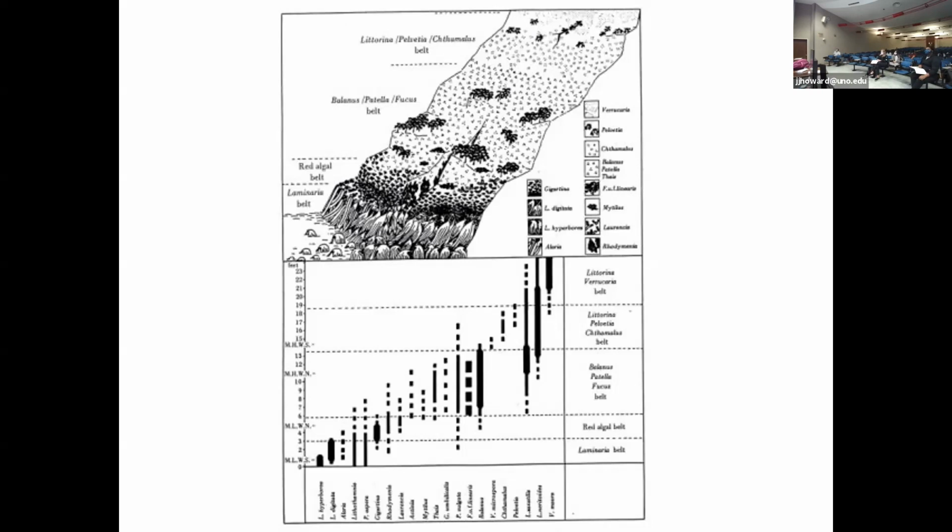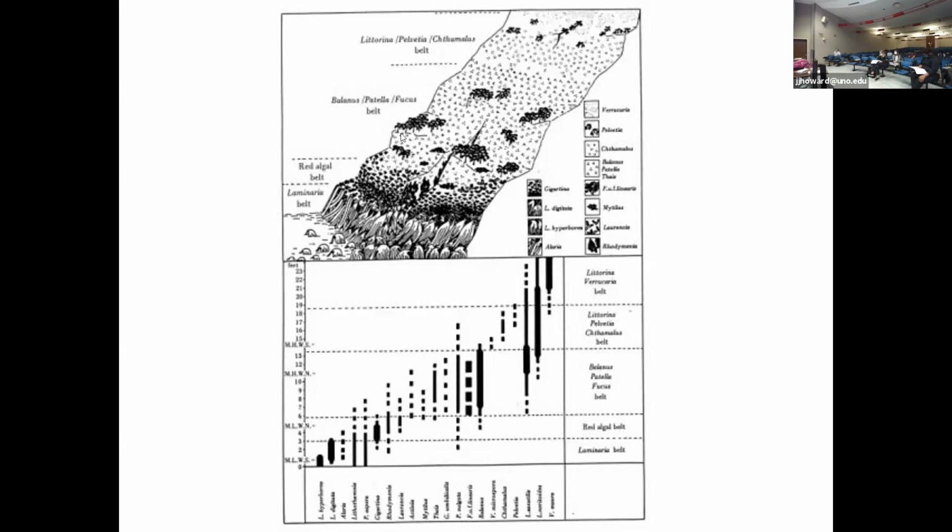So the pattern that we noticed here was that there were two mussel species. And the first one is Chthamalus, that's C-H-T-H-A-M-A-L-U-S. And the other is Balanus. Okay, so Chthamalus occurs up here in the high intertidal.